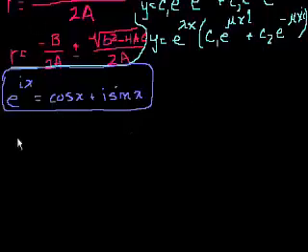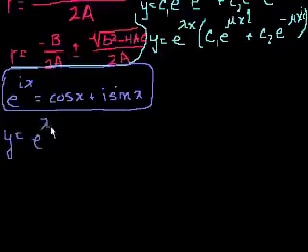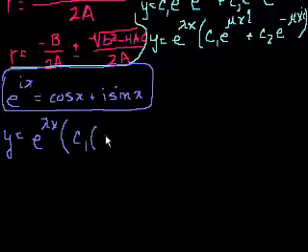So we can rewrite that as y is equal to e to the lambda x times, let's do the first one, c1 times e to the mu xi. So instead of an x, we have a mu x. That will be equal to cosine of whatever's in front of the i.